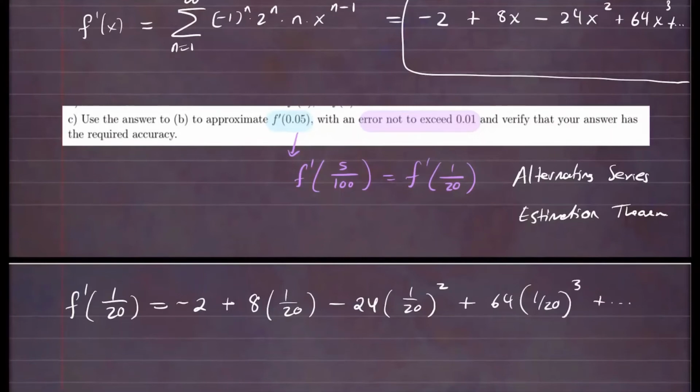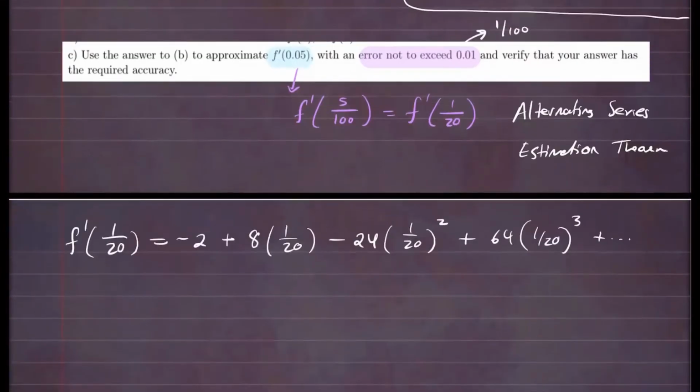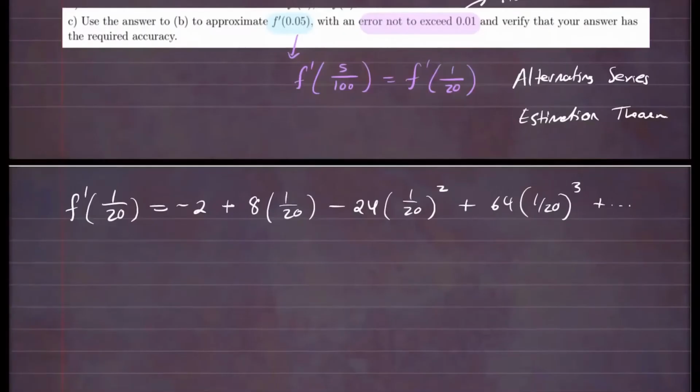Now we want to make sure that our error is no more than 0.01. So this is equivalent to 1 over 100. So let's see which one of these is less than 0.01. If you simplify some of these terms, this is negative 2. Now 8 over 20 can be simplified into 2 over 5.